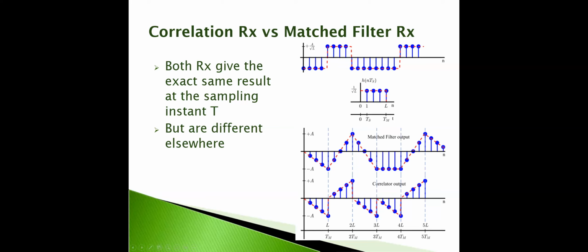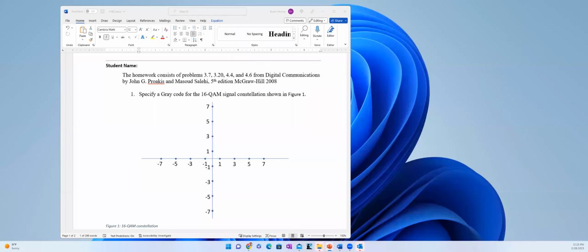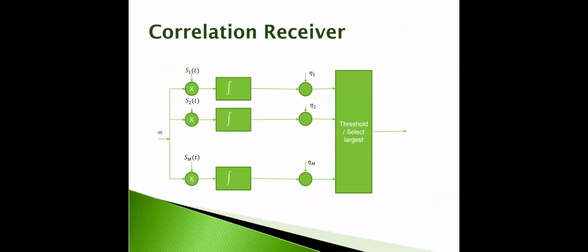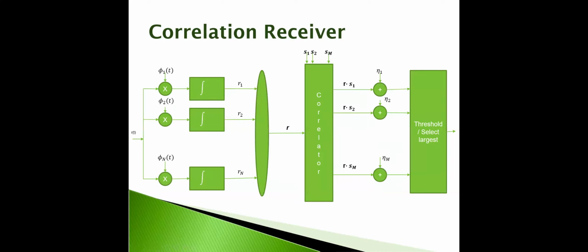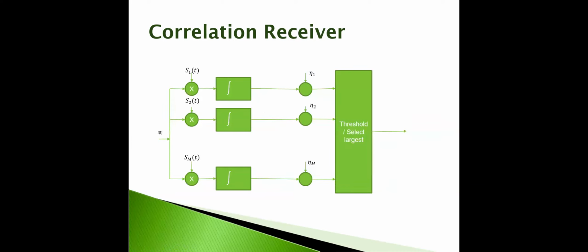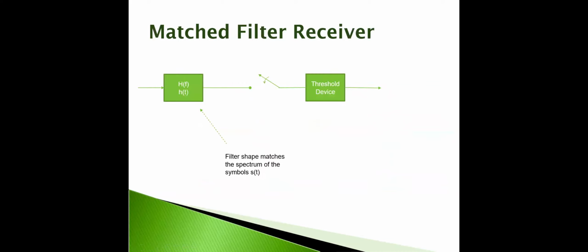So when we look at this other system here, we've got all these different symbols that we're inputting. This is the most generalized form of these receivers, and in practice it isn't that complicated. In fact, to be generalized, you would need a different filter for every single symbol shape that you have.